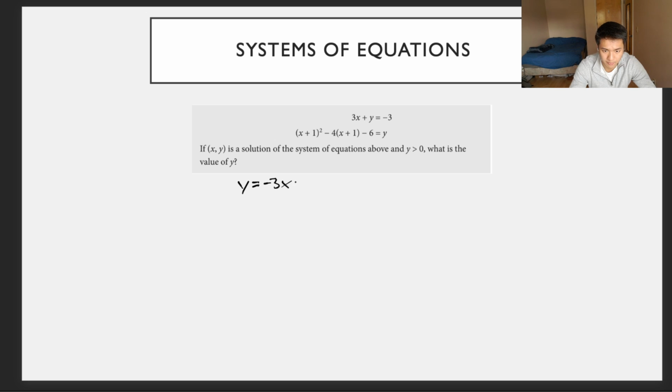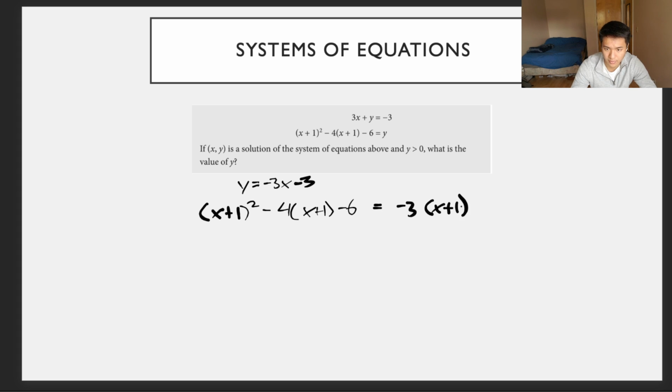negative 3x minus 3. And so we can substitute that into the bottom equation, and we get (x plus 1) squared minus 4(x plus 1) minus 6 equal to negative 3(x plus 1), right? That's the simplified form of this, right? And so what we see here is that we can actually keep this in a fairly simple form in which it's going to save us a lot of time.